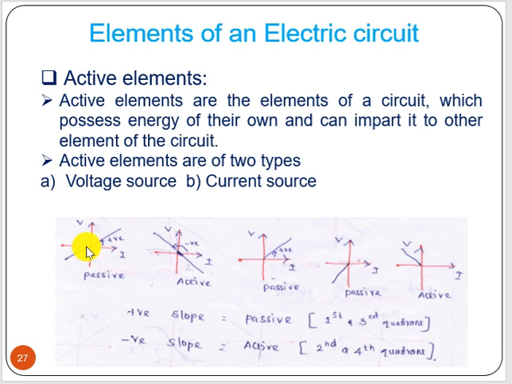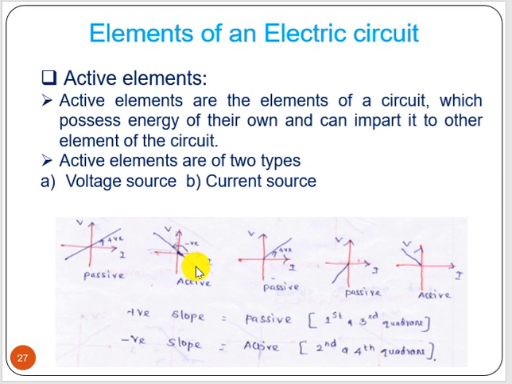So here V is positive, I is positive, so this part is passive. The first quadrant is passive. If you look at the third quadrant, I is negative, V is also negative. If we multiply V into I, it becomes positive, minus minus becomes positive. So a positive slope, first and third quadrant, is for a passive element.